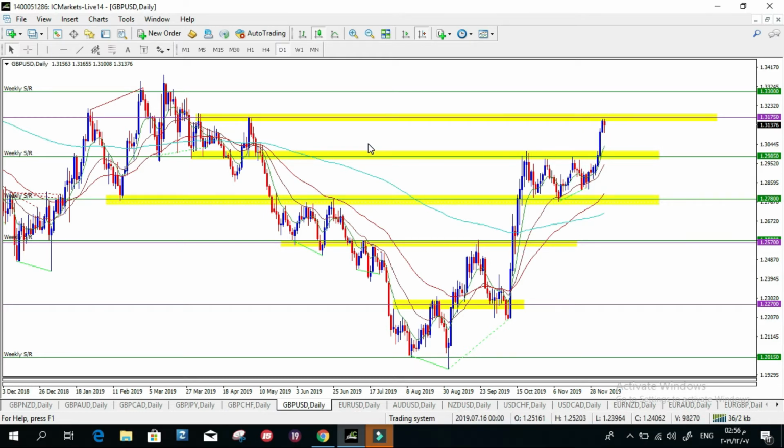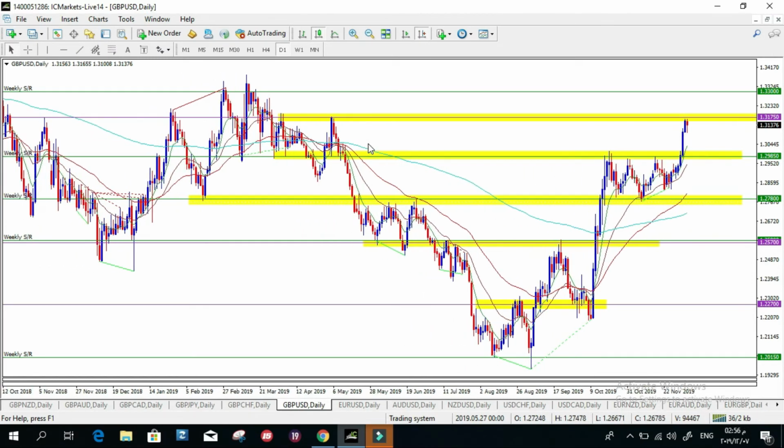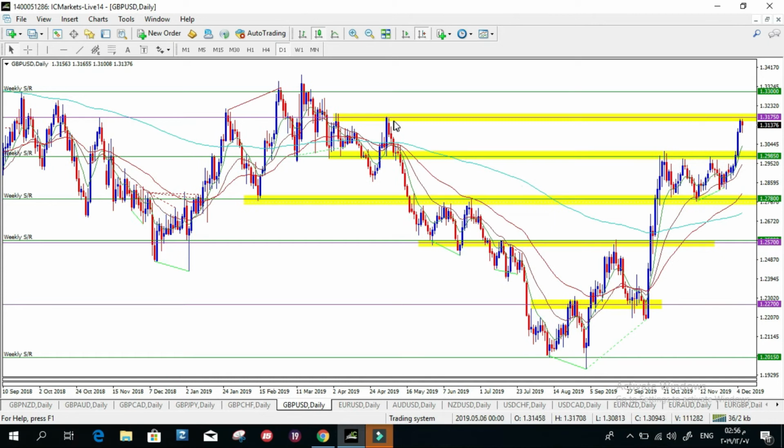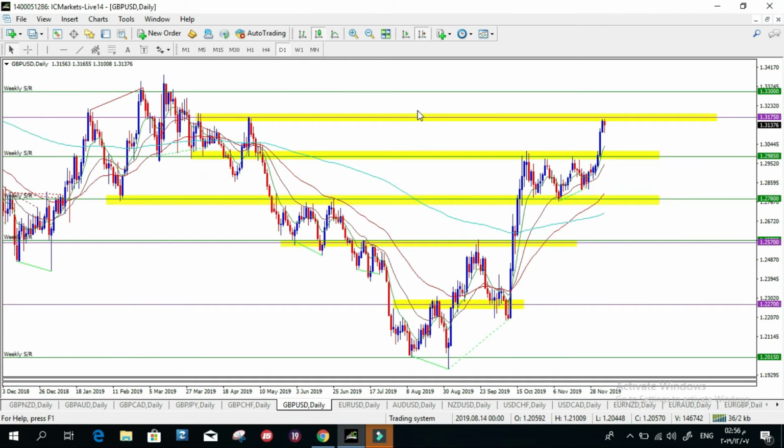We can see that this area acted as resistance previously with this high over here and those highs and this high, which was a false break, and this swing high. And now it's acting as resistance nicely since price failed to break higher through this level for 2 consecutive days.